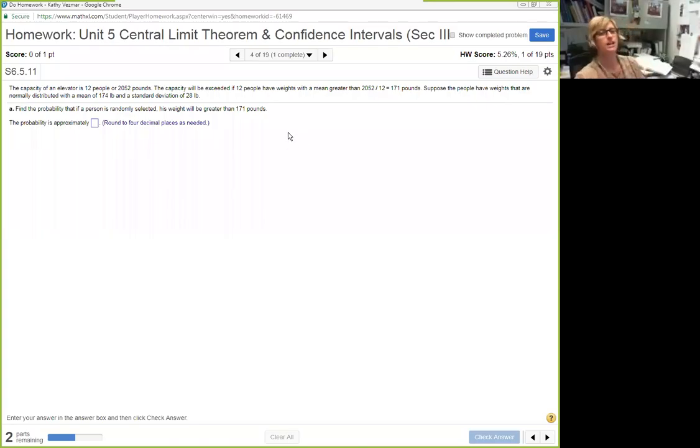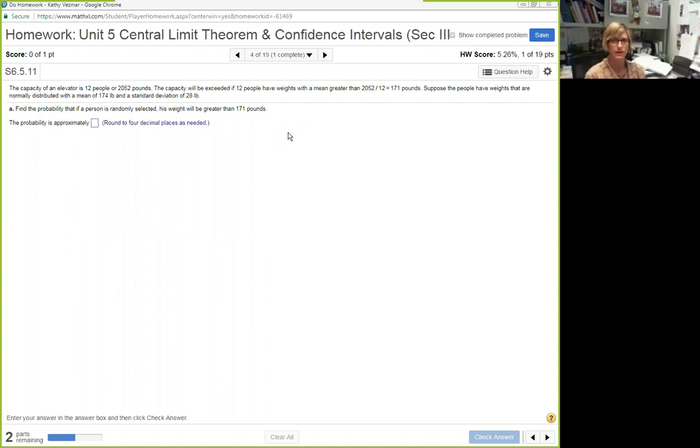Okay, so let's look at another homework problem. The first few are pretty much always completed the same, but let's try another one. The capacity of an elevator is 12 people or 2,052 pounds. The capacity will be exceeded if 12 people have weights with a mean greater than 171 pounds.